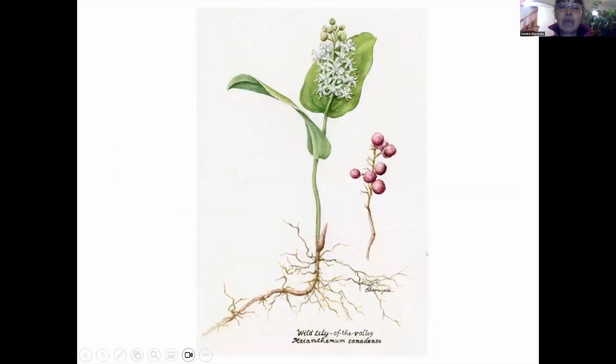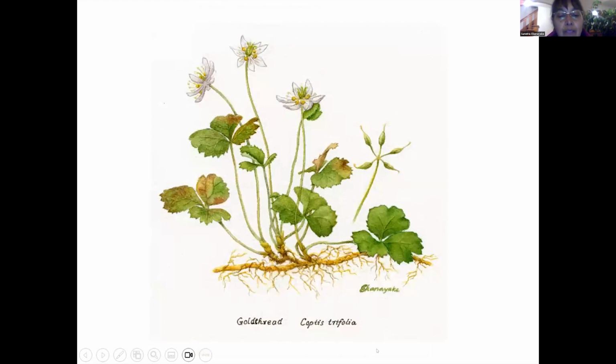Here's my second painting. This is Wild Lily of the Valley, or Maianthemum canadense. The specimen is from the Frog Pond walk here in the city. Later in the summer, of course, the berries turn red and very pretty. And this is goldthread, Coptis trifolia.